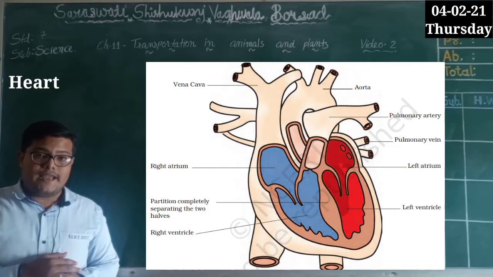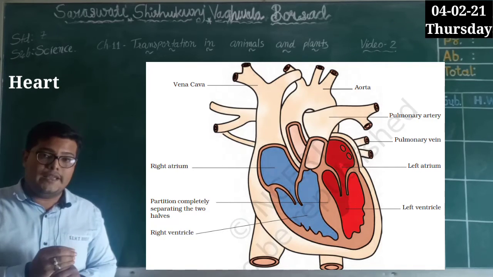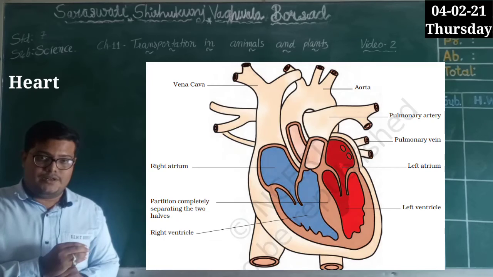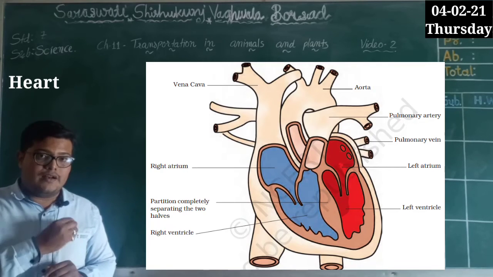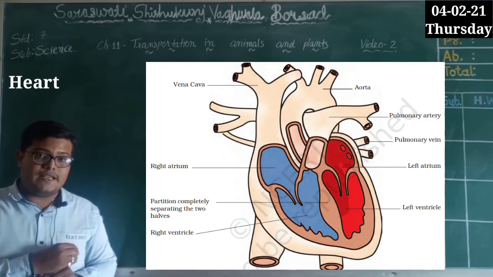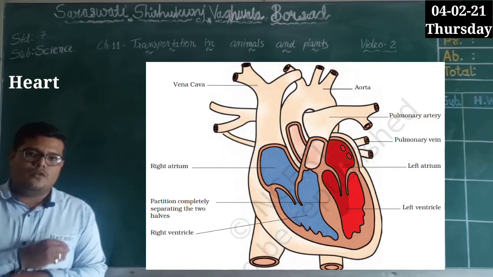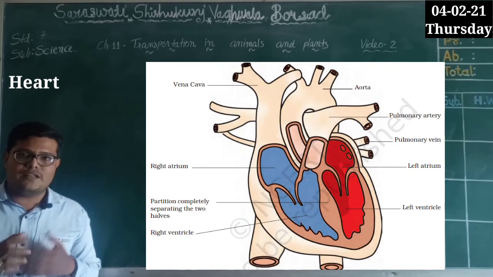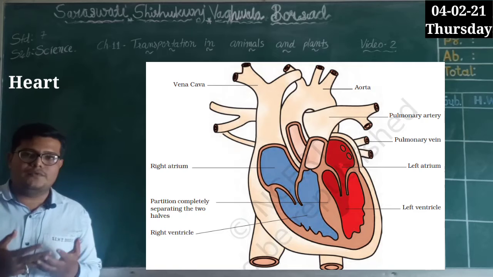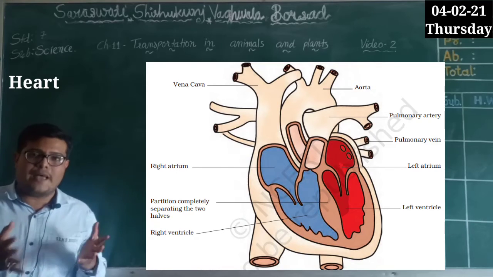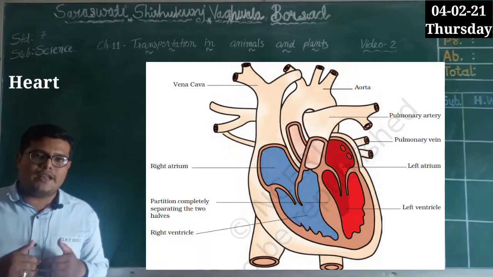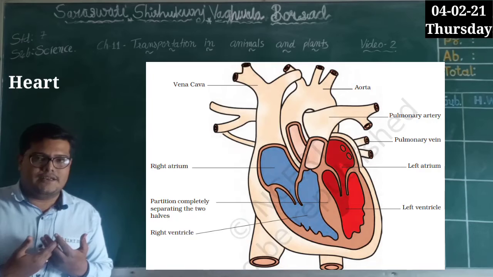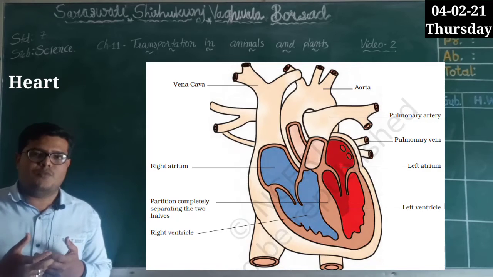The left chambers have only oxygenated blood, and the right side chambers have deoxygenated blood. These two bloods should be kept separate, because if they get mixed there is no use of keeping them separate. We all know our body requires only oxygenated blood, the blood which has more oxygen.